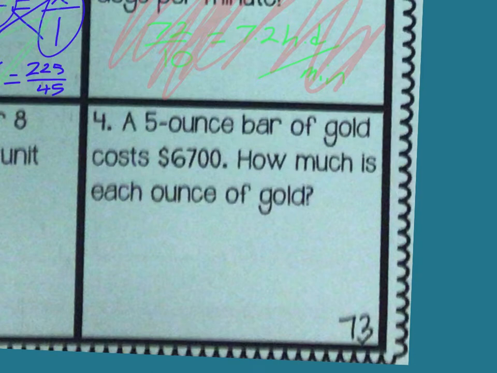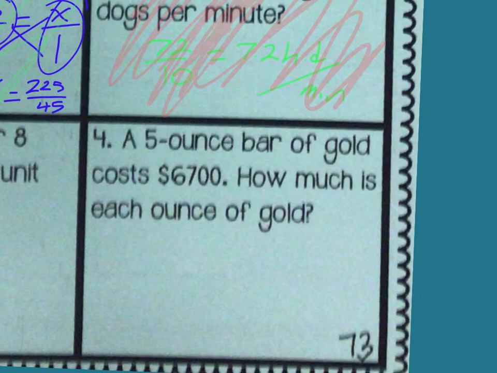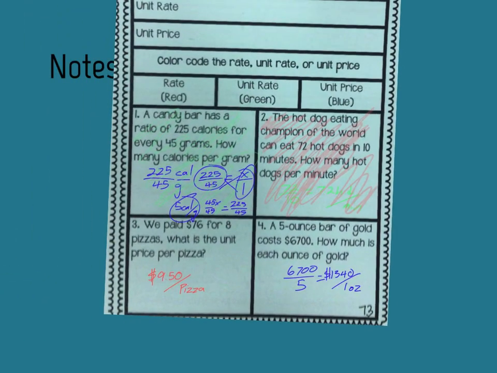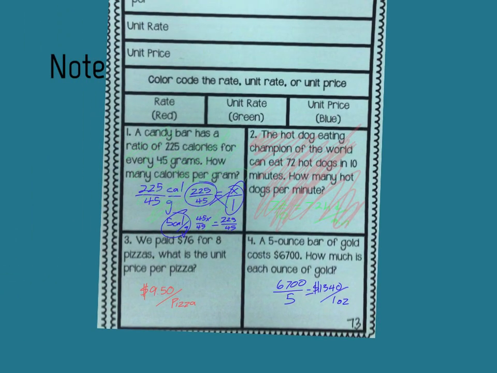How much is each ounce of gold? I'm going to go 6,700 divided by 5, and I get $1,340 per 1 ounce. So really all we're doing today is just dividing the ratio to find a unit rate.